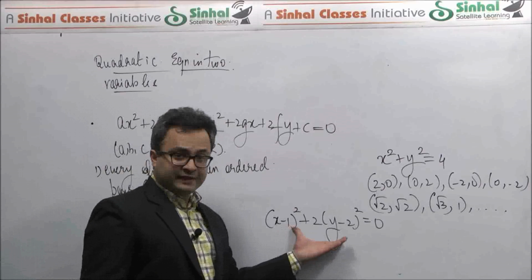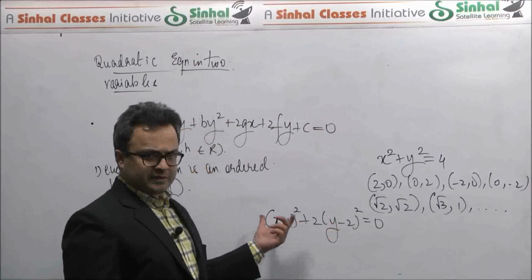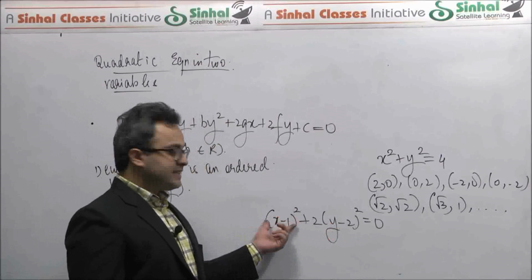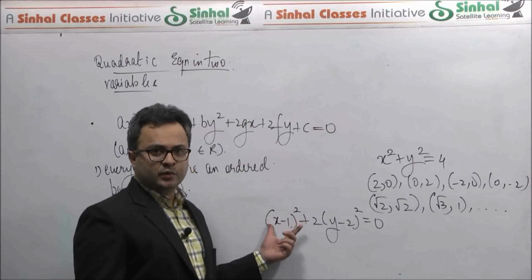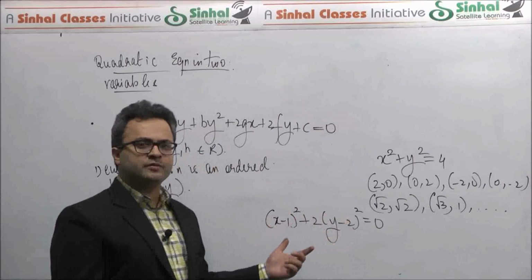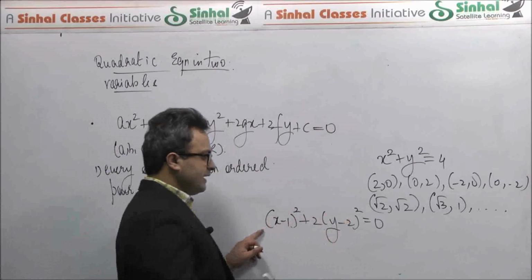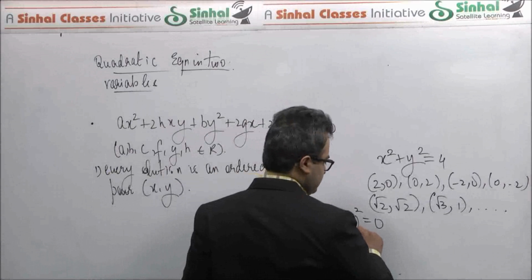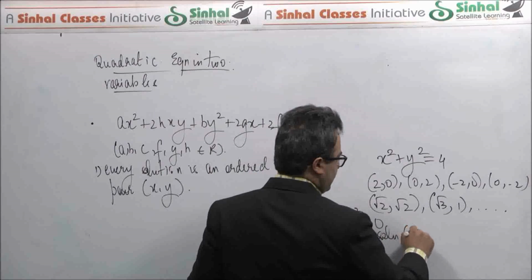So for the left hand side to go to 0, x minus 1 must be 0, so x must be equal to 1. And simultaneously y minus 2 should also be 0, which means that y should be equal to 2. So this equation only has one solution, which is 1 comma 2.